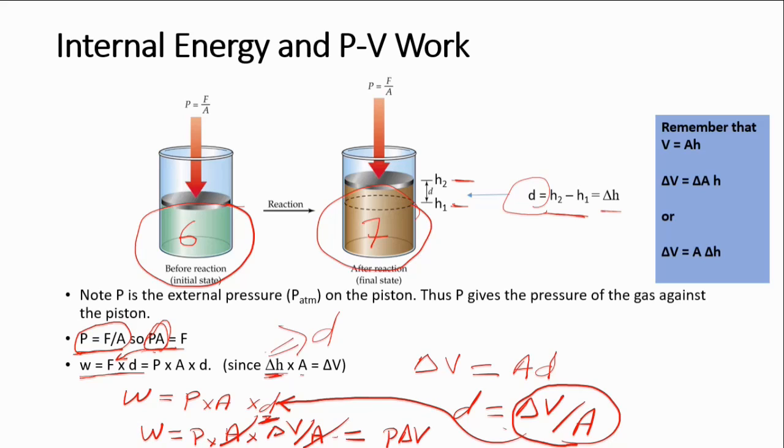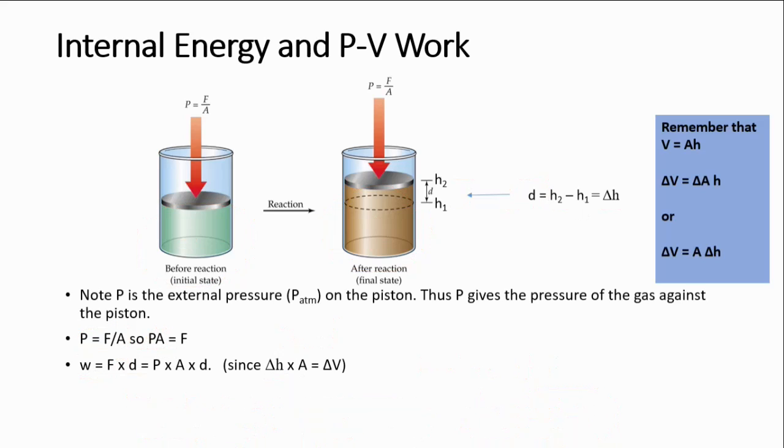Now, we can make a designation that work is always done by the system. And so we can put a negative sign indicating that work is always done by the system. That negative sign is not something that you need to work out or figure out.